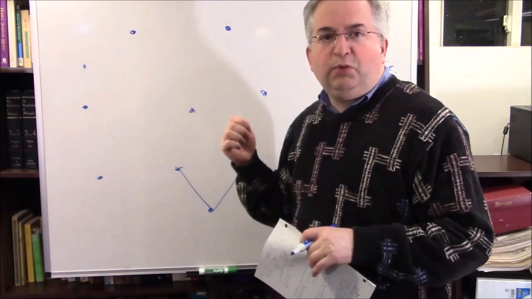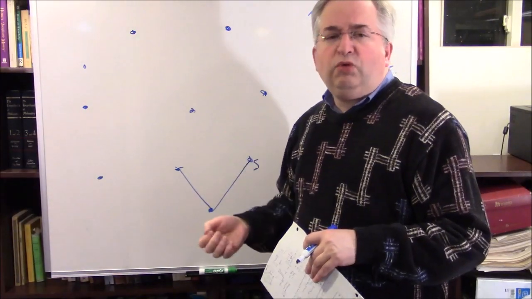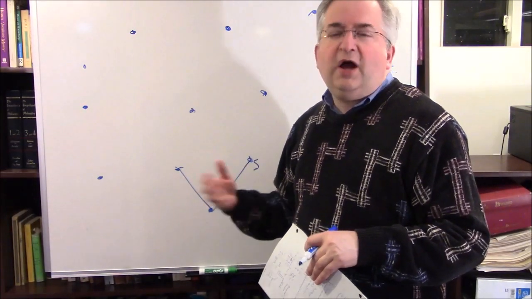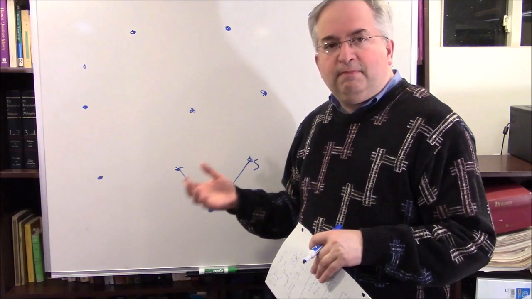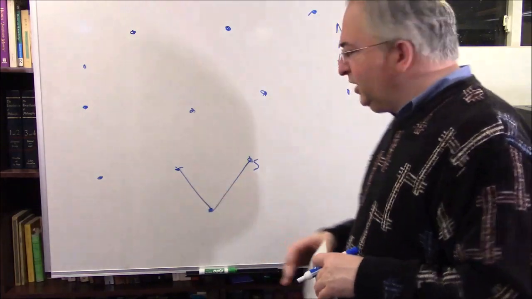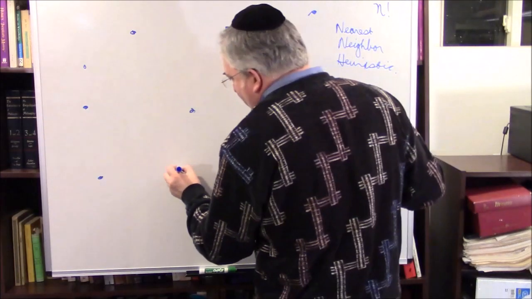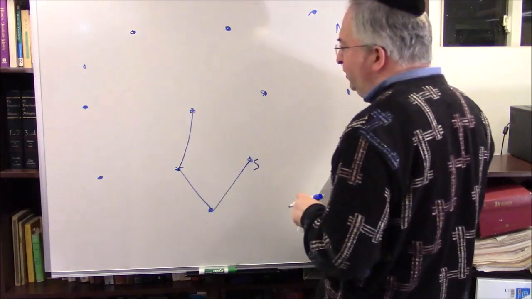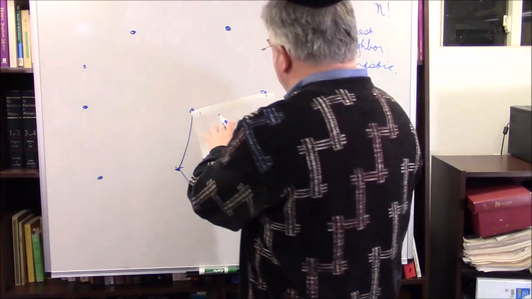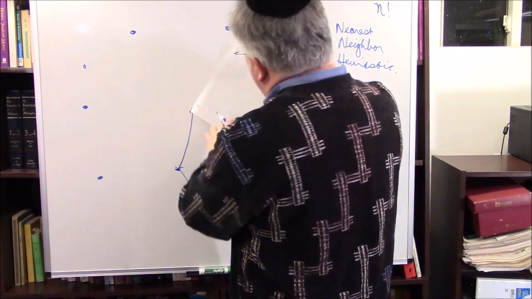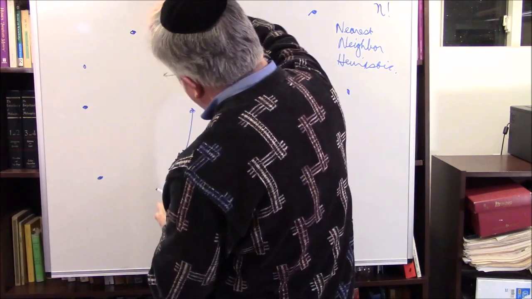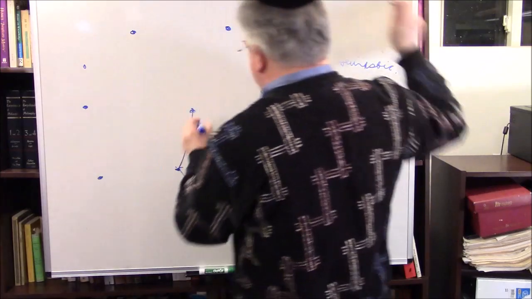I'm sorry, I didn't tell you what the word heuristic means. A heuristic is like a rule of thumb, something that's kind of true. It's not always true, but it's kind of true. Anyway, we're following our nearest neighbor heuristic. We're grabbing the closest thing nearby. This is that. That's further, and that's way further.